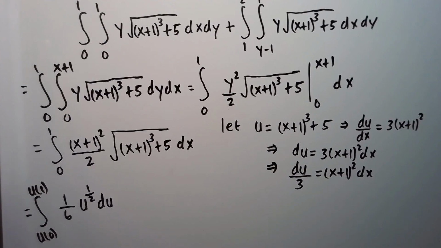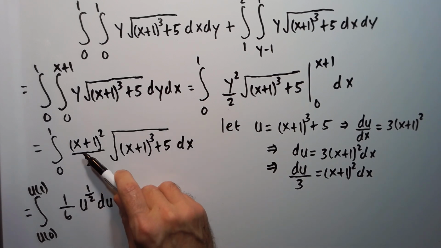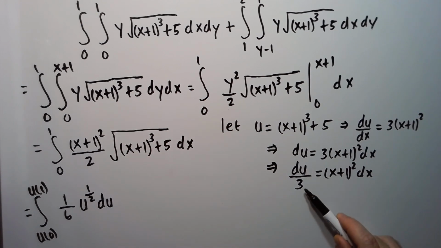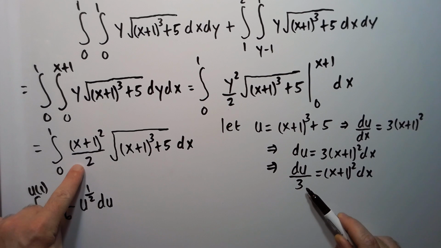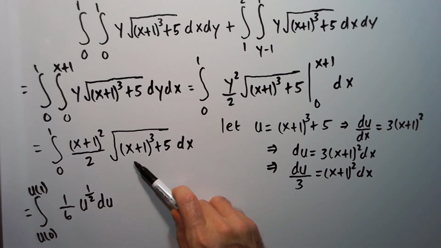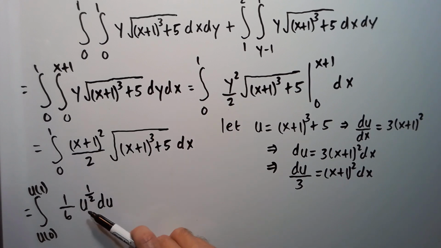So making the u substitution, I get u of 0 to u of 1 on my limits of integration, and 1/6 u to the 1/2 du. How I got that was the x plus 1 squared dx part is du over 3, and you have 1/2 here also, so multiplying those becomes 1/6, and this becomes square root of u, but you can write that as u to the 1/2.